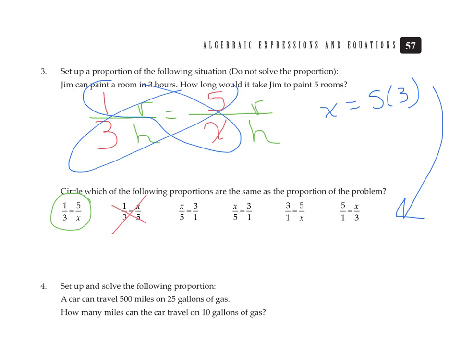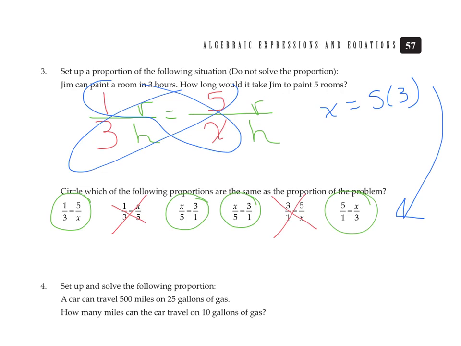This one has x times 1, 5 times 3, so this one is correct. This one also has x times 1, actually this one's identical to this one, isn't it? So obviously it's correct. This one has 3 times x, 5 times 1, this one is not correct. This one, x times 1, 5 times 3, so this one's also correct.